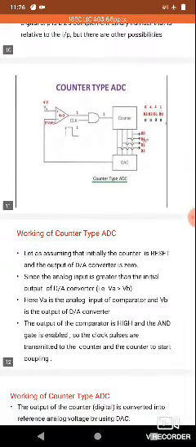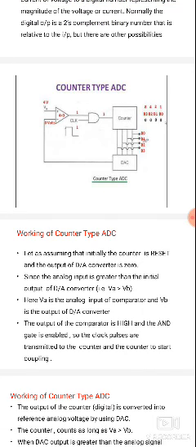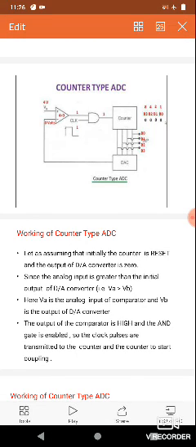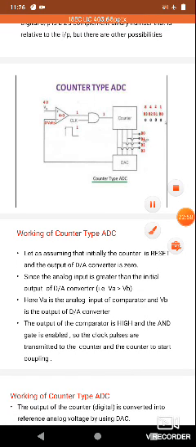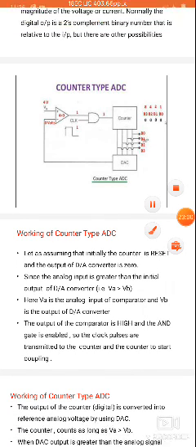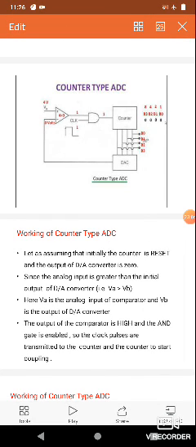Now the working of the counter type ADC. First let us assume the counter is internally reset. Initially the counter is in the resetting position and the output of the DAC is equal to 0.